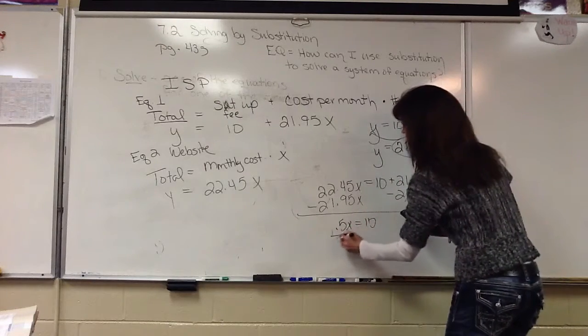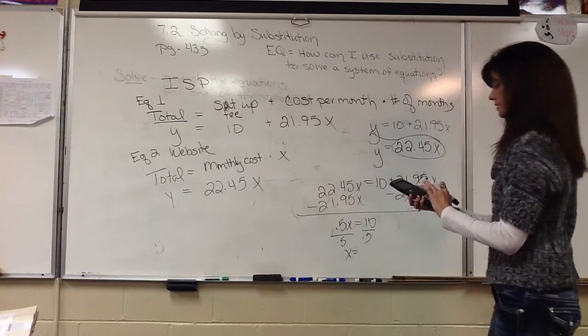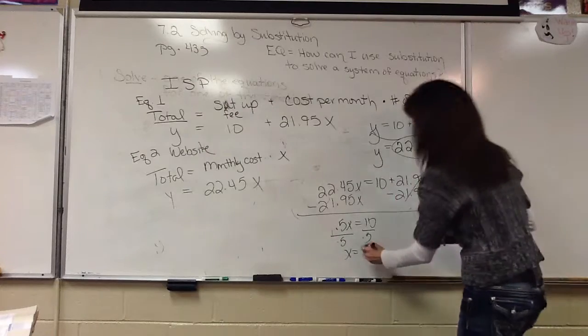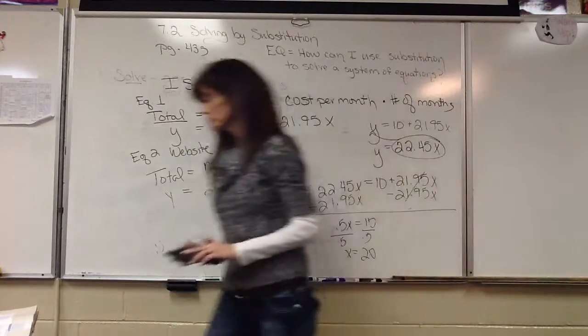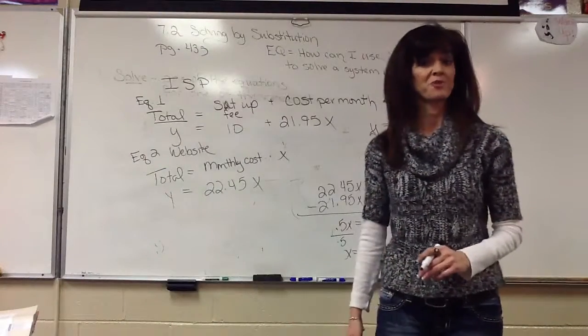And then of course I'm going to divide both sides by 0.5. So 10 divided by 0.5 equals 20. So my answer here is going to be after 20 months that the cost will be the same for both. Okay?